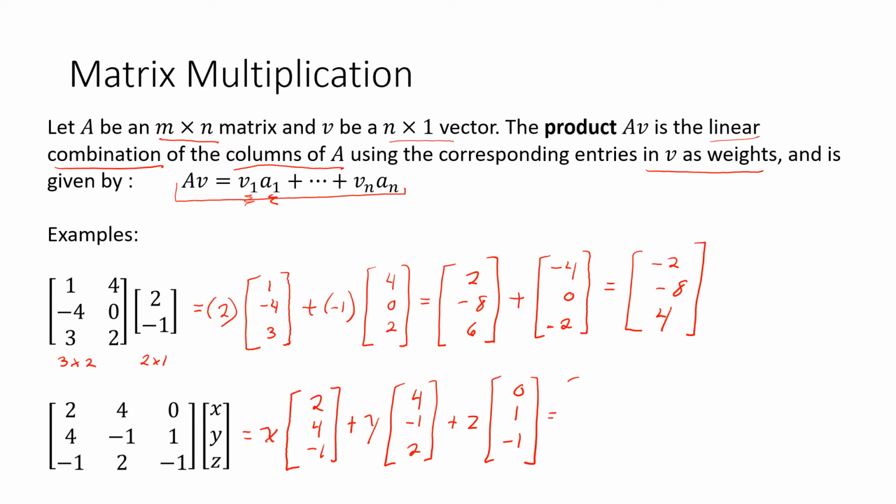Add those all up, and of course, because we have variables in here, we can't come up with a final number for each. We leave it as equations with the variables. 2x plus 4y, and then 0z. The second entry is 4x minus y plus z, and the third entry is -x plus 2y minus z.